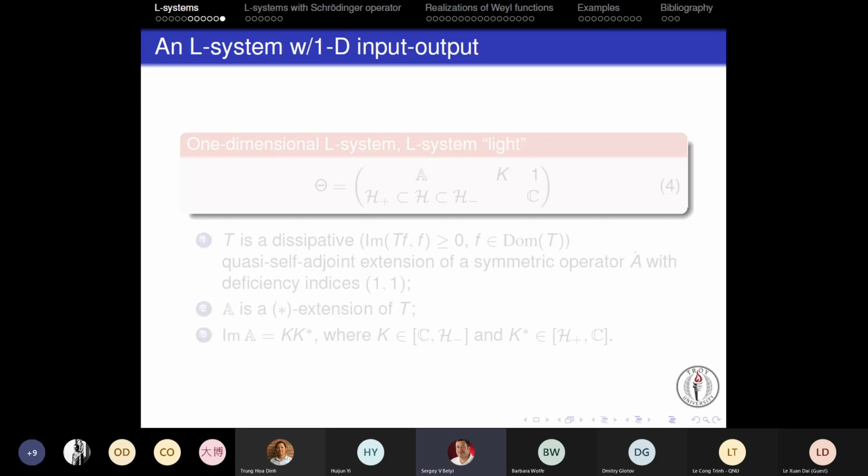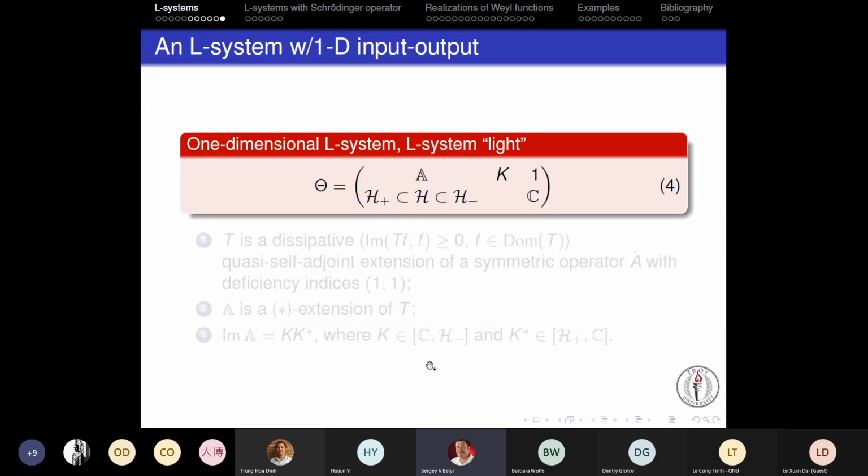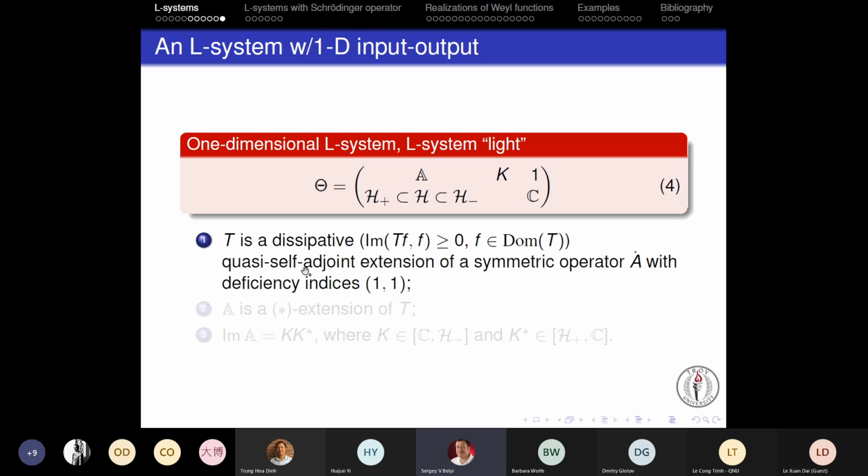So for our purposes here in this talk, we'll use a lighter version of an L system. The input-output Hilbert space E will be simply taken to be the set of all complex numbers C. The signature operator J is taken to be 1, and operator T is dissipative, and operator A dot has deficiency indices 1, 1.